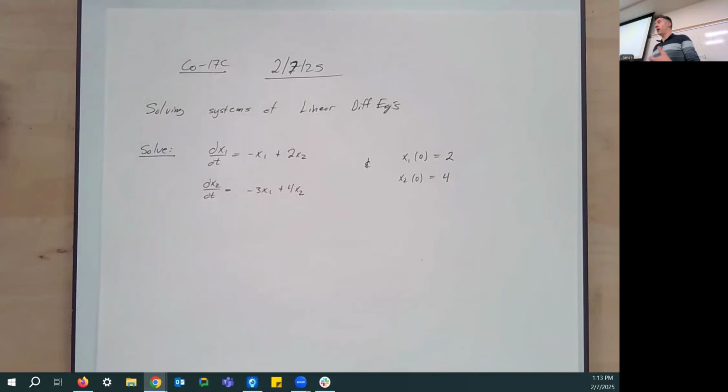Here's the process, and it's a bit of a lengthy process. In words, first write it as a matrix equation.